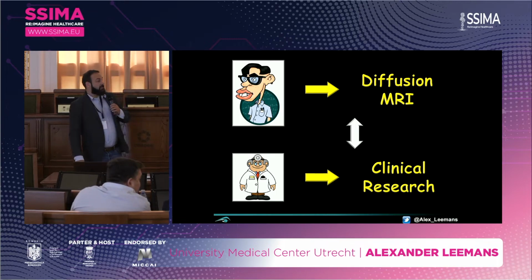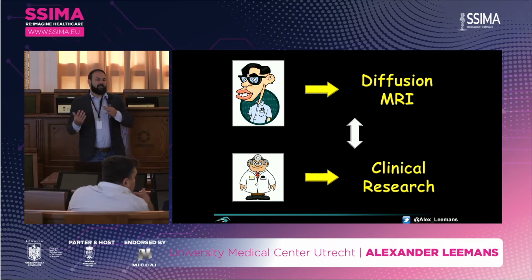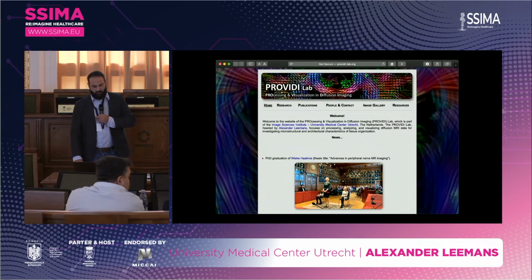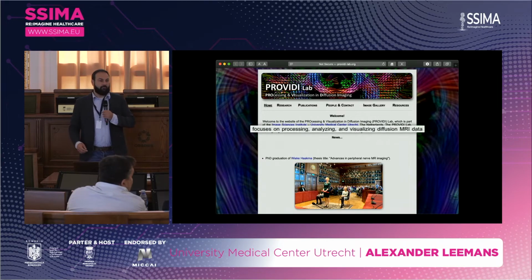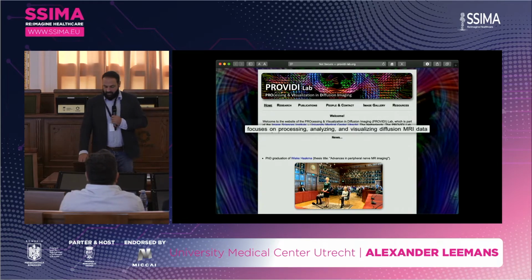And so the nice thing about this feedback loop is that we've got our identity within the faculty here. A few years ago, I set up a research lab called the Prof Lab, where we focus on processing, analyzing, and visualizing diffusion MRI data, and specifically for looking at micro tissue.